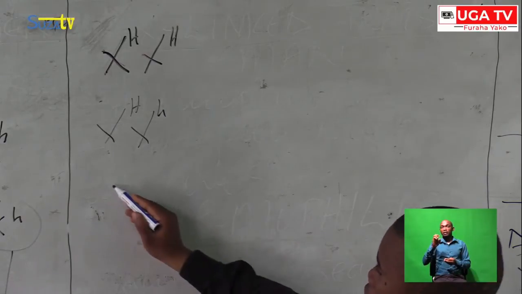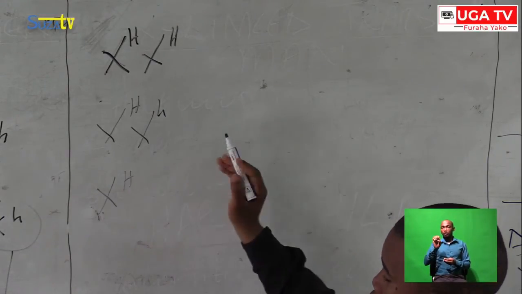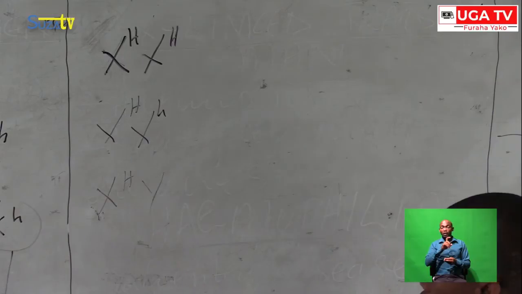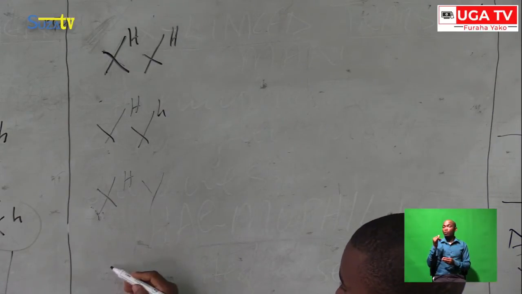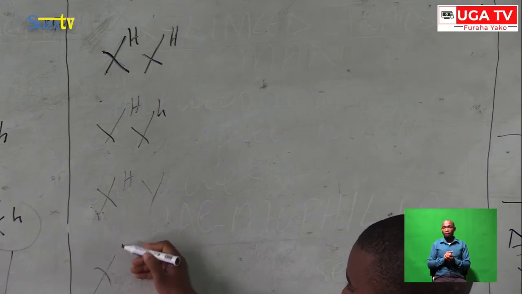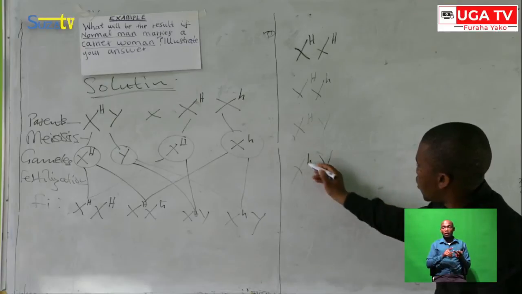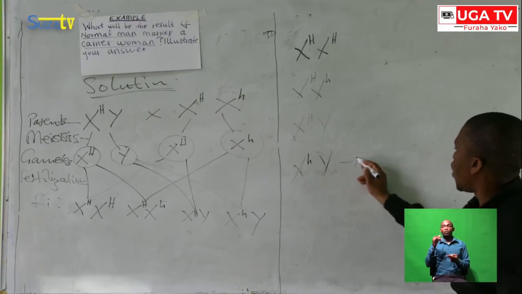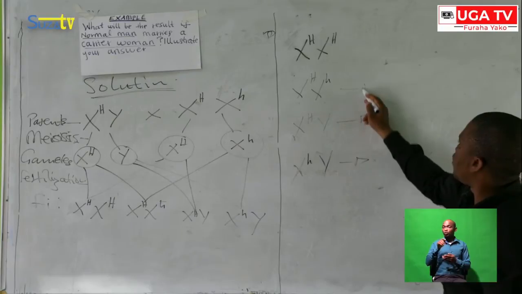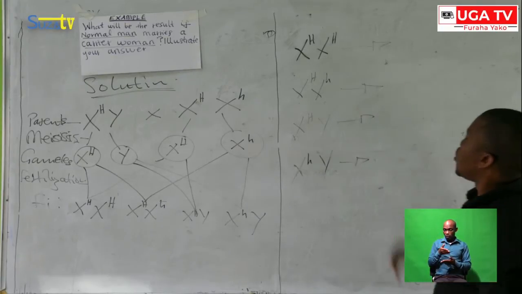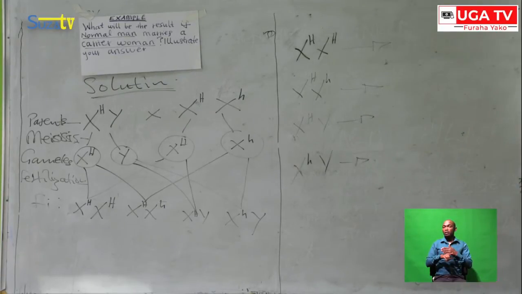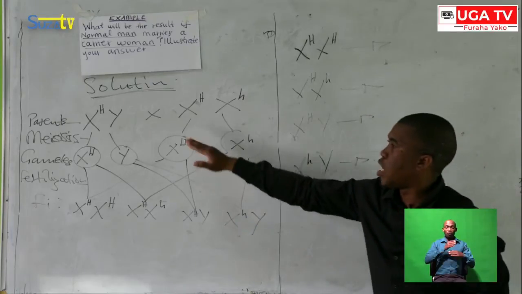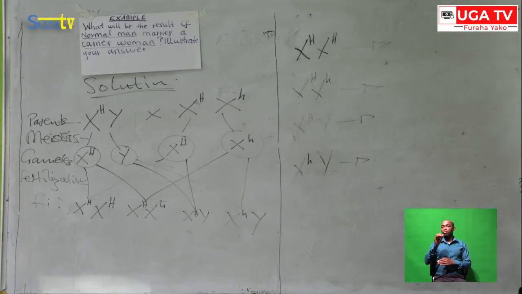And the third one is X with the dominant gene, and the fourth one is X with this one. So we want to explain the state of the daughters obtained after crossing these gametes of our parents.